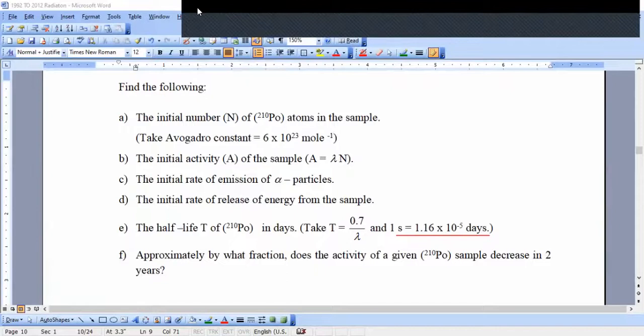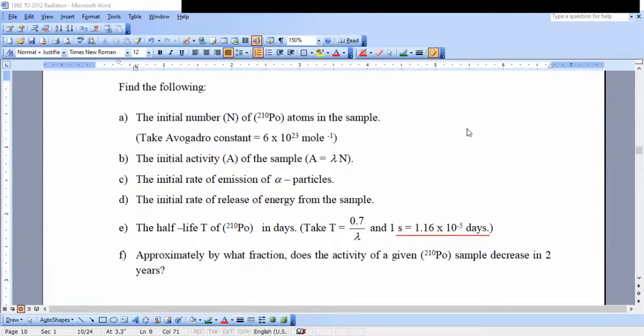One second equals 1.16 into 10 to the power minus 5 days. Very good. It's given in the question that 1 second equals 1.16 into 10 to the power minus 5 days.